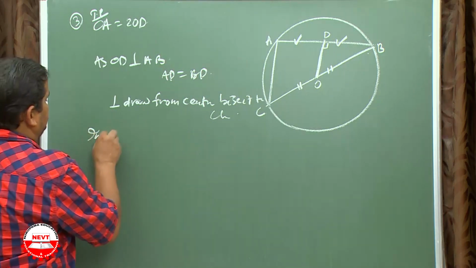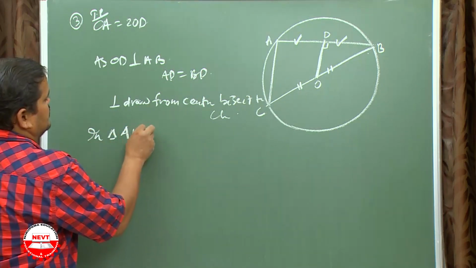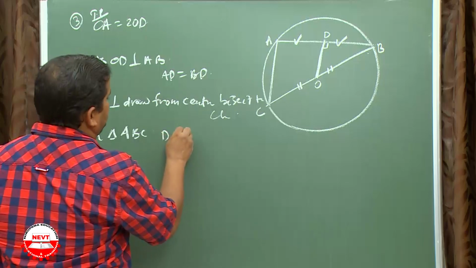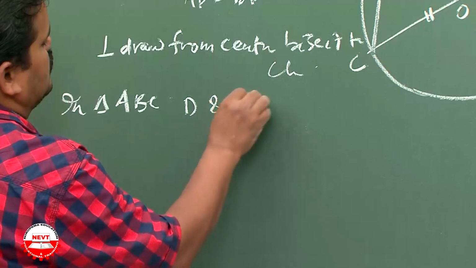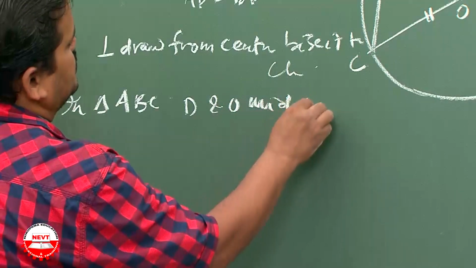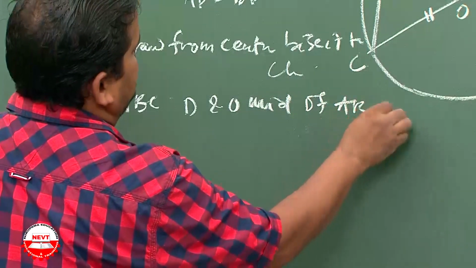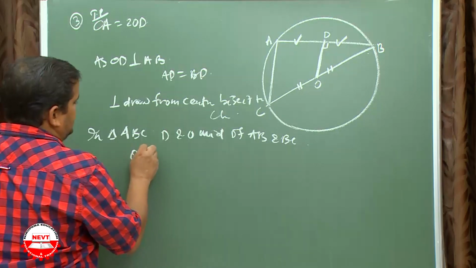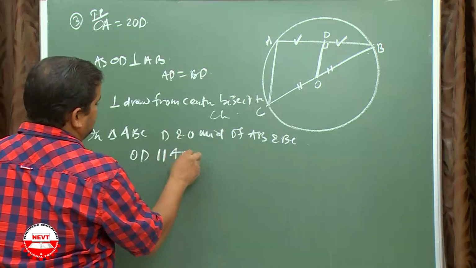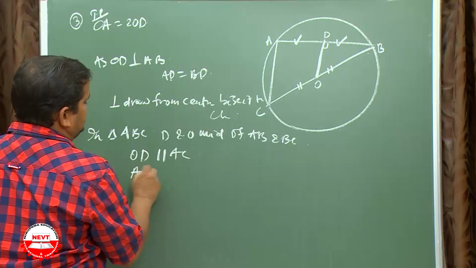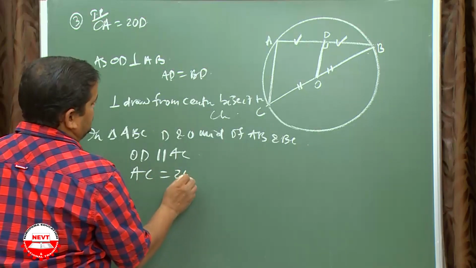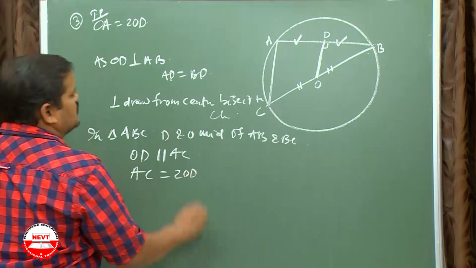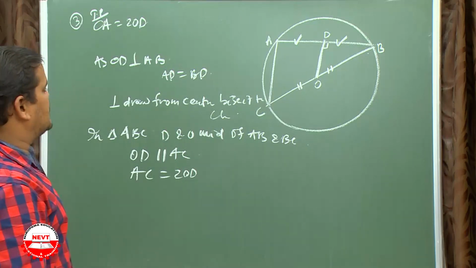Now in triangle ABC, D and O are midpoints of AB and BC. So OD is parallel to AC and AC is twice of OD. Or OD is equal to half AC, or AC is equal to twice of OD.